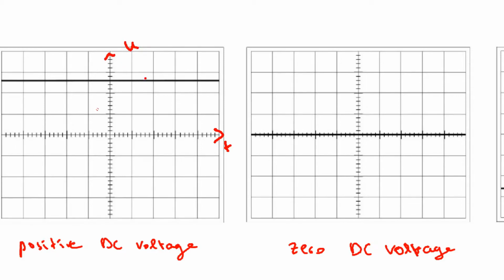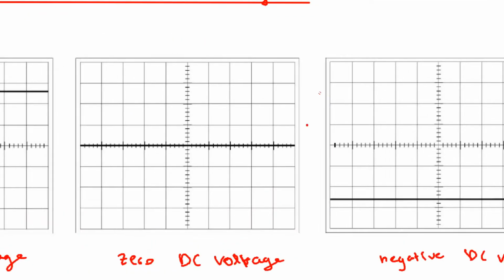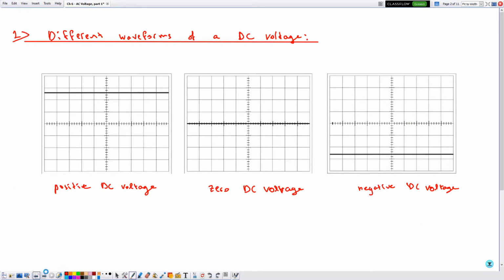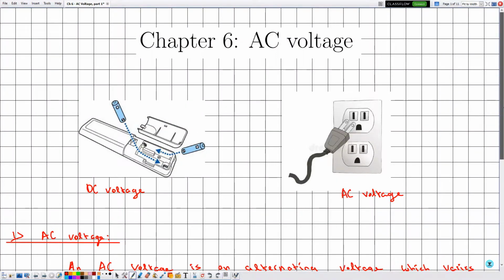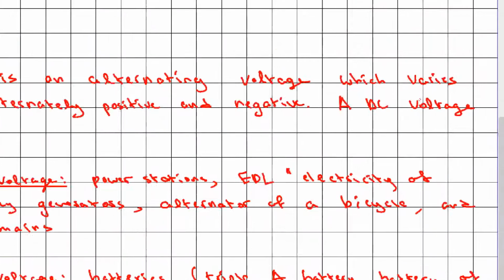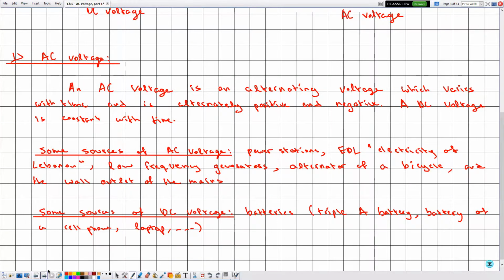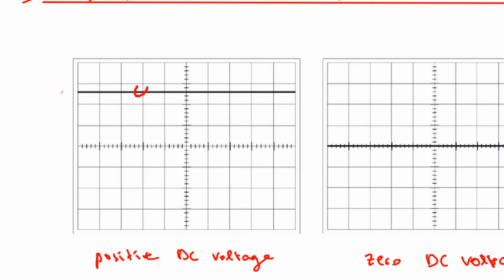For this reason, we are saying that U is positive here because it's displaced upward. Similarly here, this is time and this is the voltage U, which means this is 0 at the center. And here, U is negative because it's displaced downward. Now recall that a DC voltage source is constant with respect to time, and as you can notice, this line has a constant value.